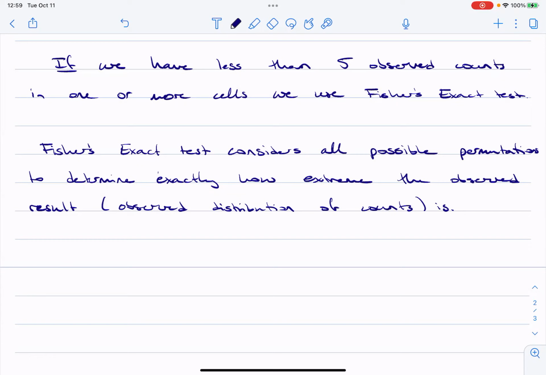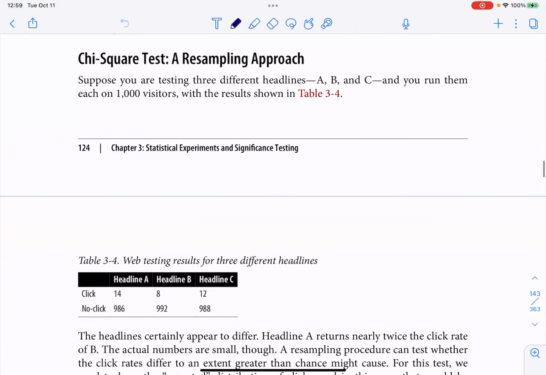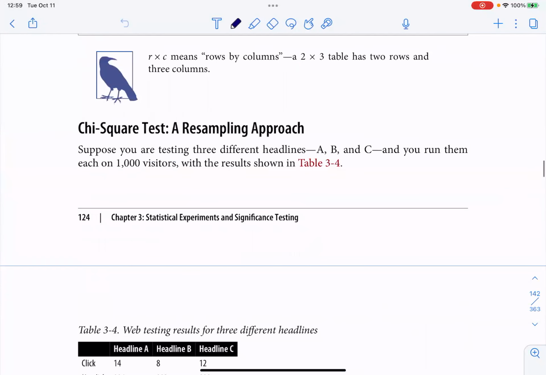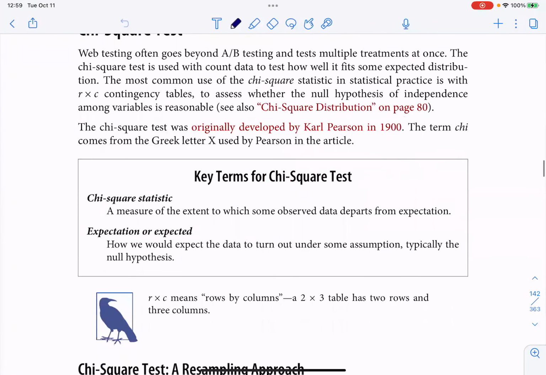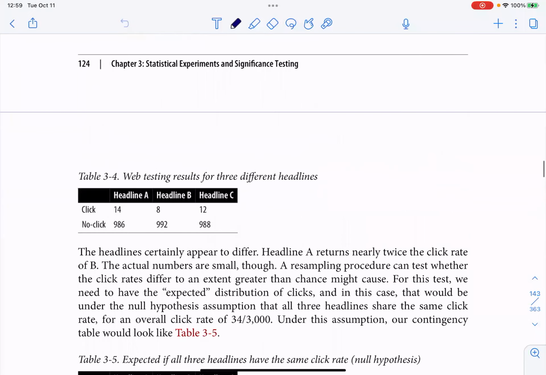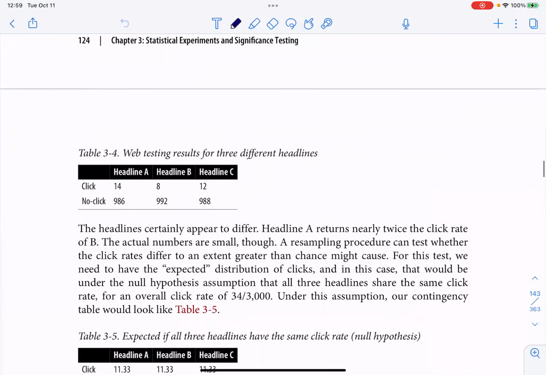So if I go to the textbook, save us some writing here. They're talking about whether people click on a website, I guess, with different headlines, right?